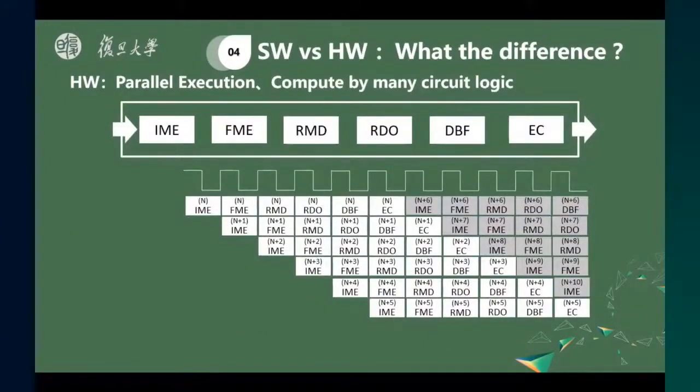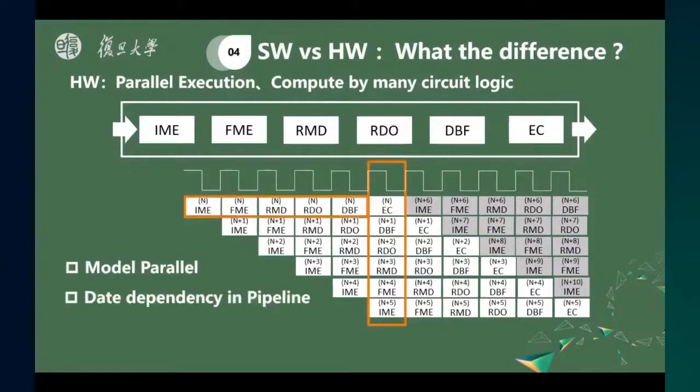But for hardware, things are different. For hardware, everything is executed in parallel, in hardware pipelines. There are many data dependencies in hardware pipelines. So the designer needs to handle all of these data dependencies.